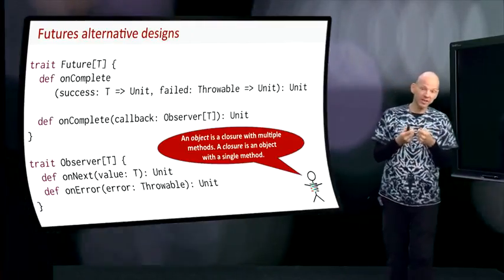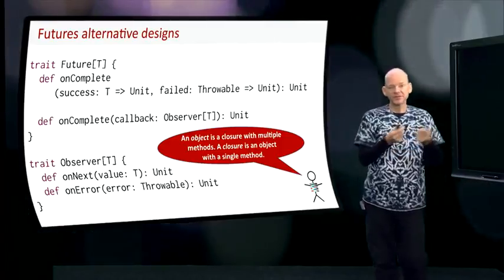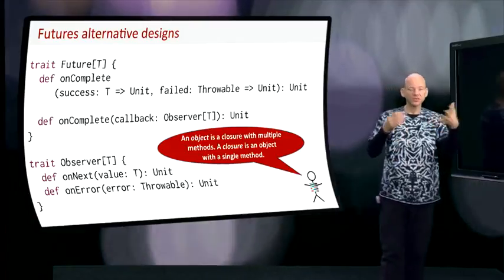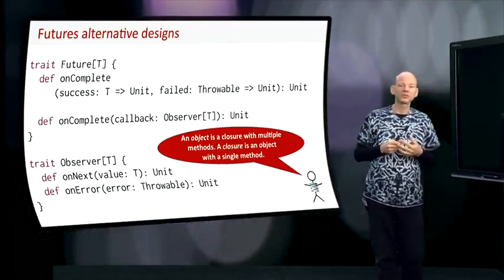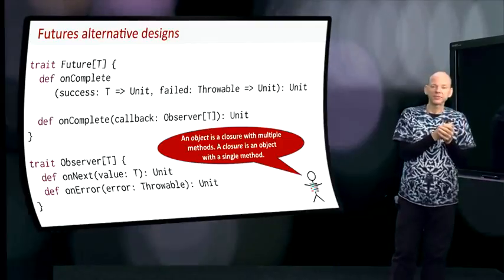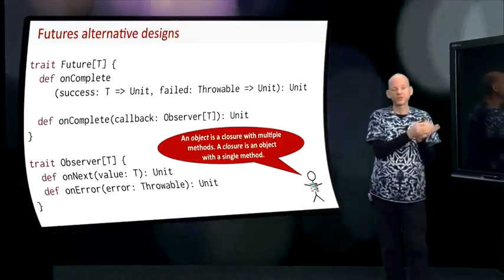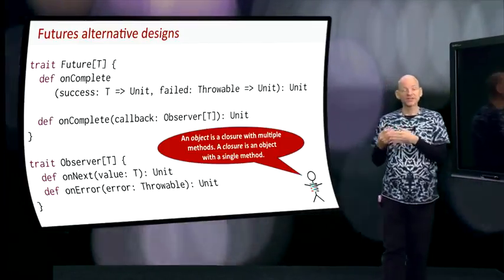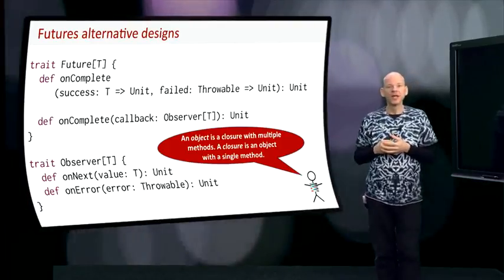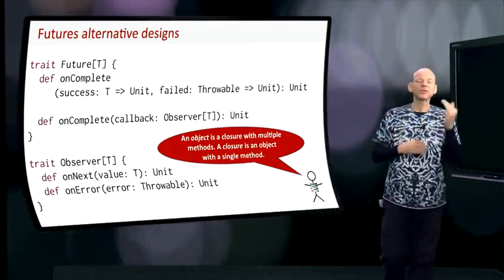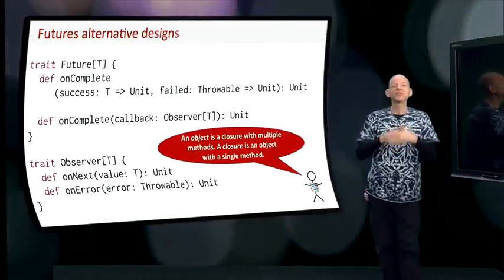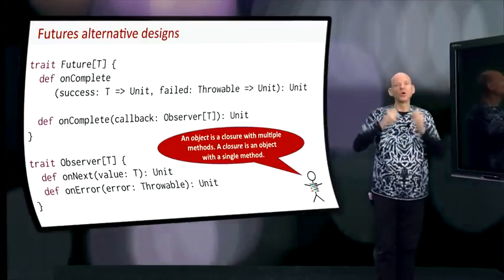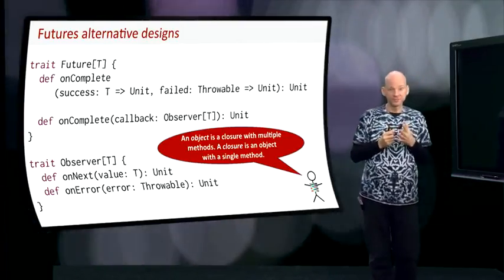A lot of JavaScript-based APIs that deal with asynchrony take two callbacks: a success continuation, sometimes these callbacks are also called continuations, which is a function from T to Unit, and a failure continuation, which takes the exception and also returns Unit. Of course, we can also package up these two functions into their own type and then pass an instance of that type. That would be the more OO approach to this.